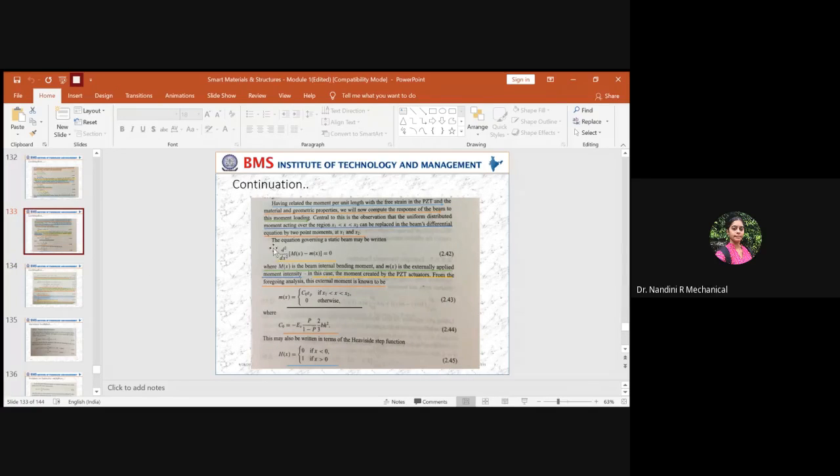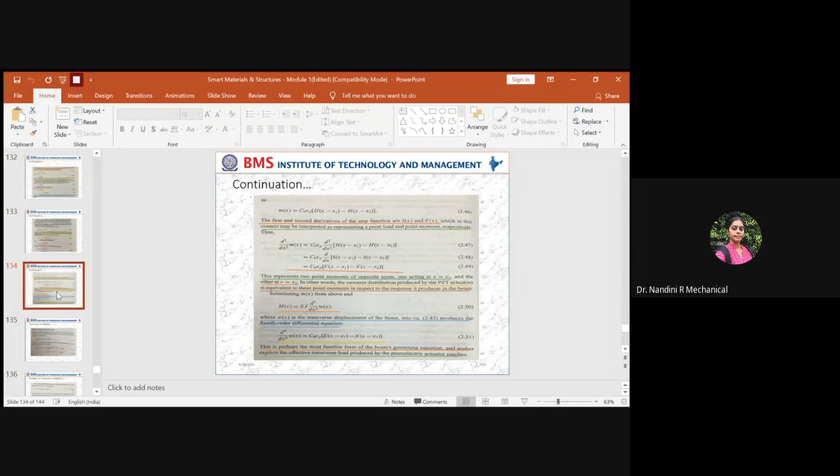Yeah. If you put the value of transverse displacement into equation 2.42, because equation 2.42 has the external bending moment and the internal bending moment, then in place of internal bending moment, if we apply the concept of transverse displacement, the equation changes.